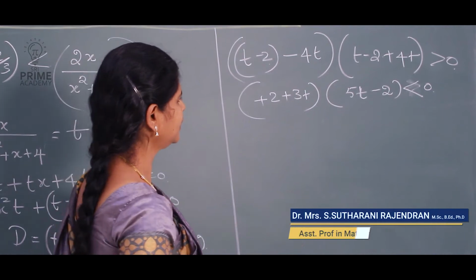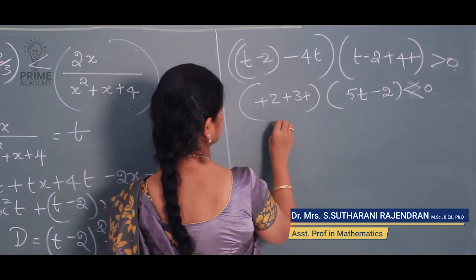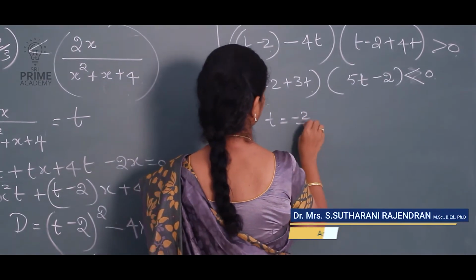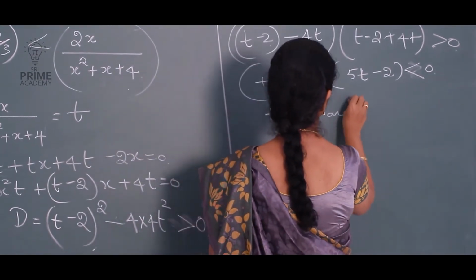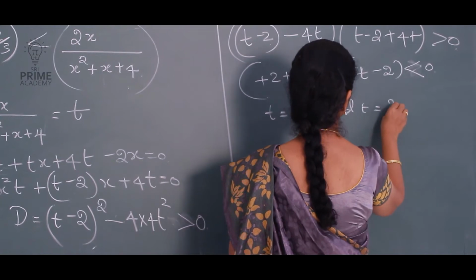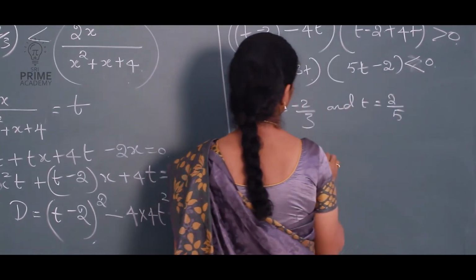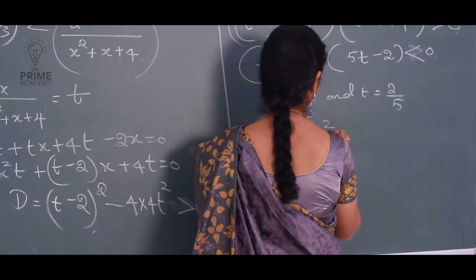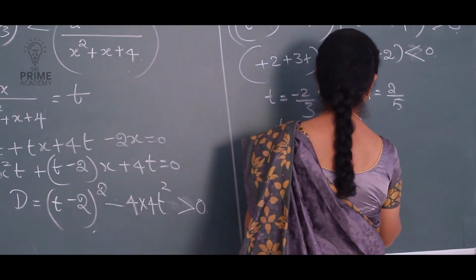Okay, so what is your t value? T is less than means t equal to minus 2 by 3 and t equal to 2 by 5 are the critical points. Therefore, t lies between minus 2 by 3 and 2 by 5.